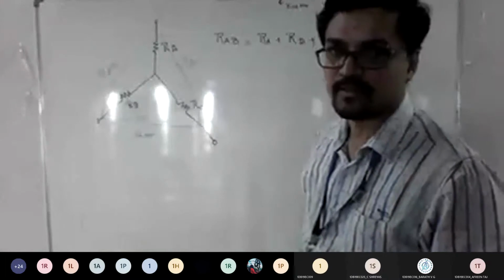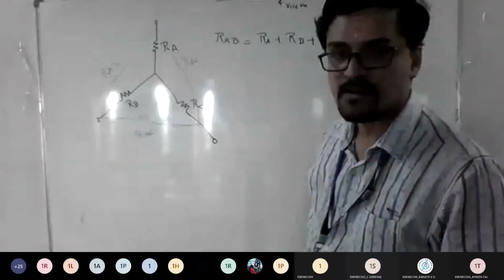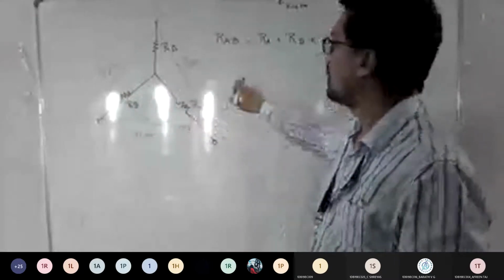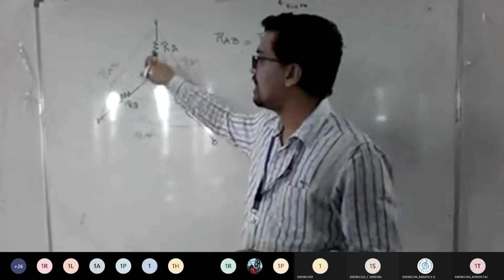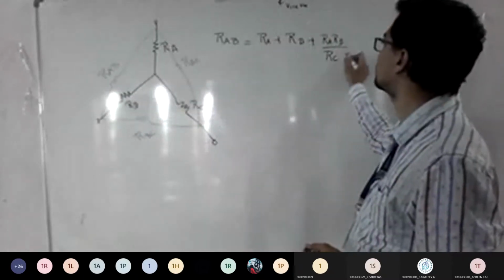Is it RC? Correct. RAB is here, RC is exactly opposite. So the RAB formula is RA plus RB plus RA into RB, whole divided by the opposite resistor RC.